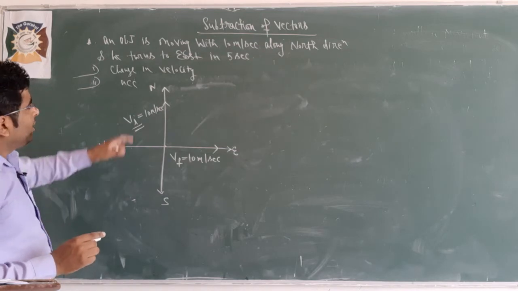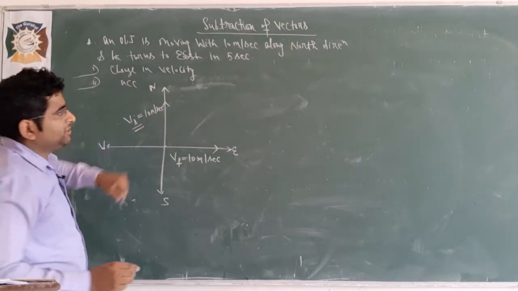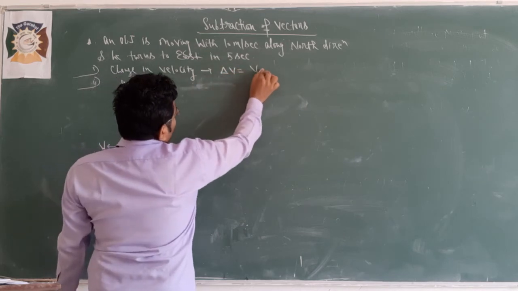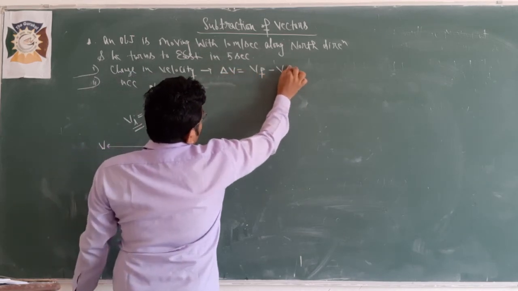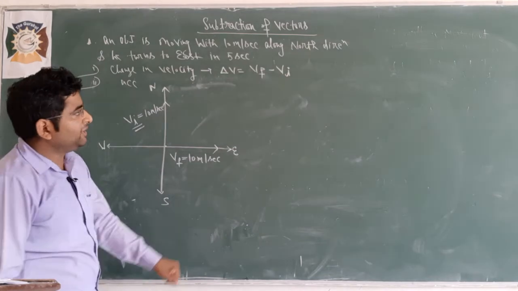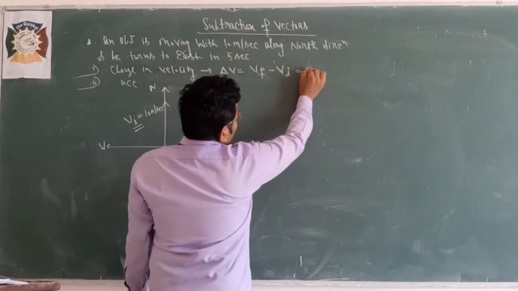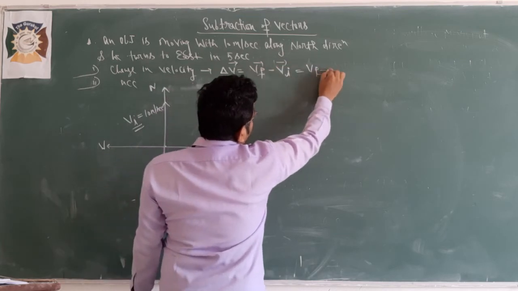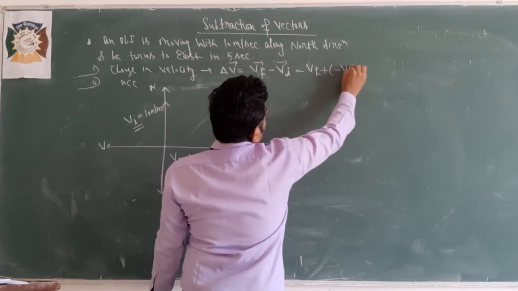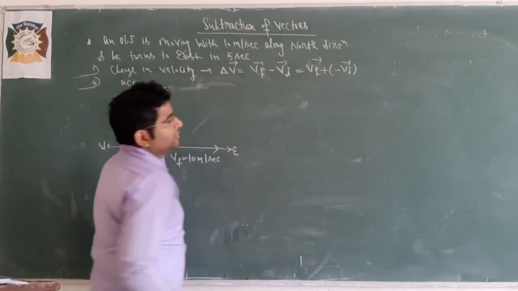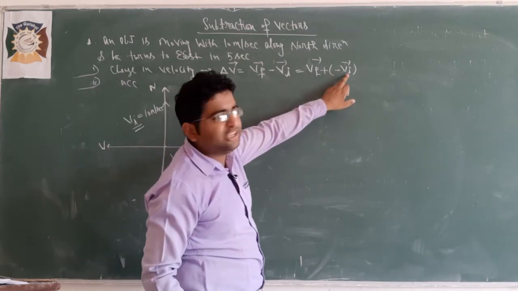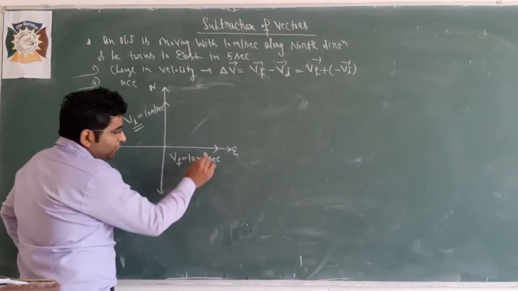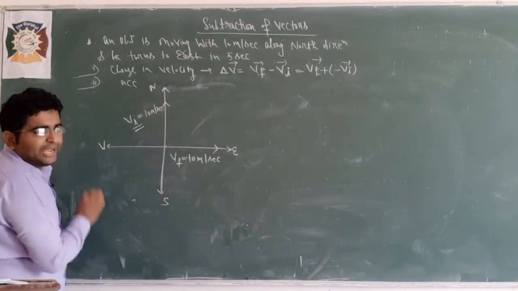Clear? But change in velocity we have to calculate. Change in velocity, suppose it is delta V. So it is equal to V final minus V initial. Again, I can write it as Vf plus minus of Vi. So addition of negative of initial vector in final vector. So beta Vf I have, Vi I have.